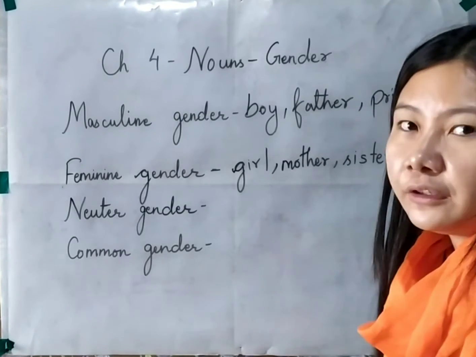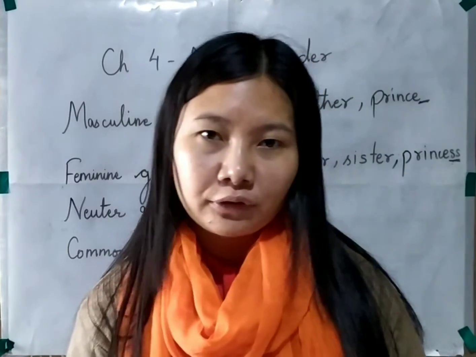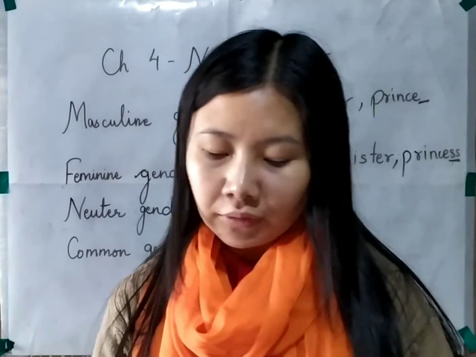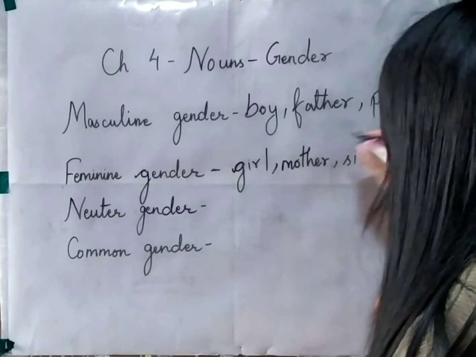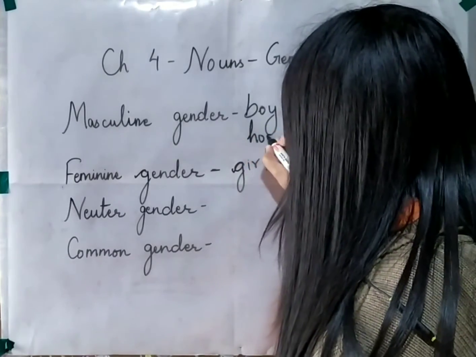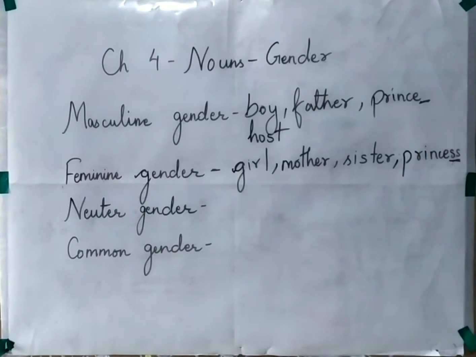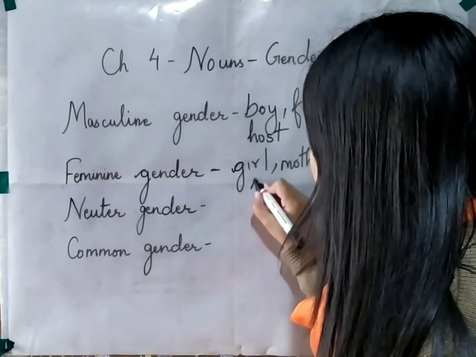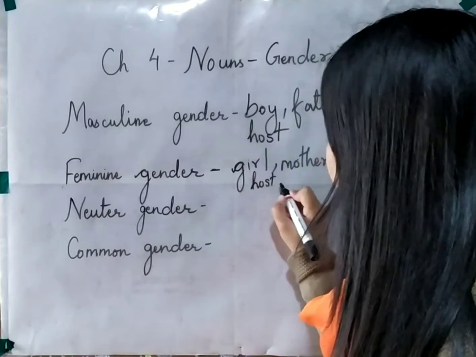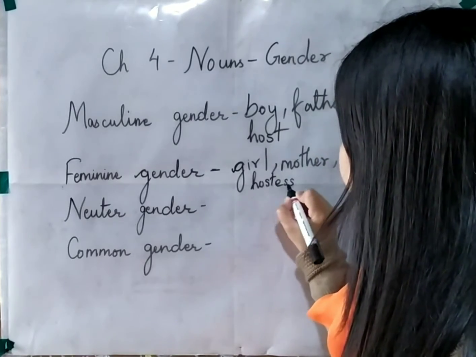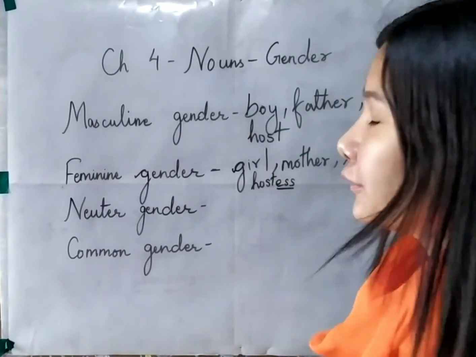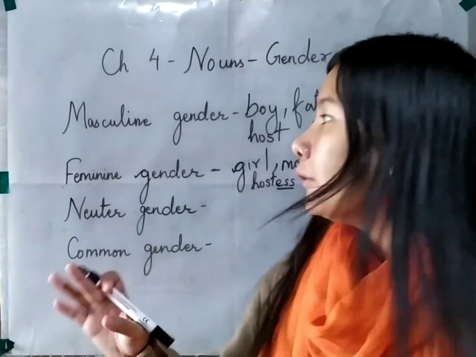Similarly, you can form feminine gender from some masculine words by adding E double S. Let's take another example, host, H-O-S-T. Host is an example of masculine gender. To form its feminine, we write host and add E double S at the end, and we have successfully formed the feminine gender.